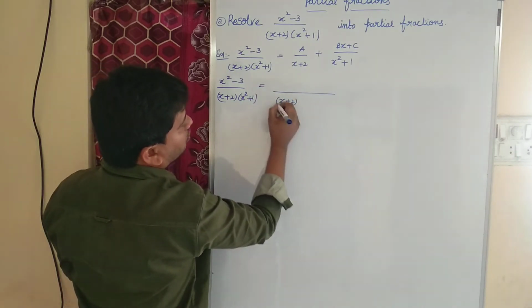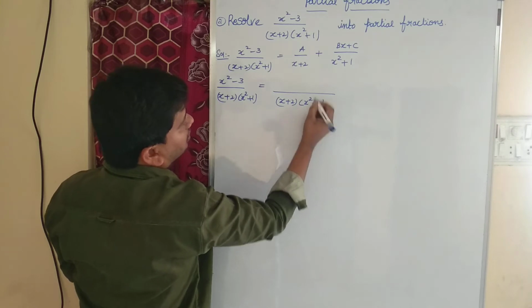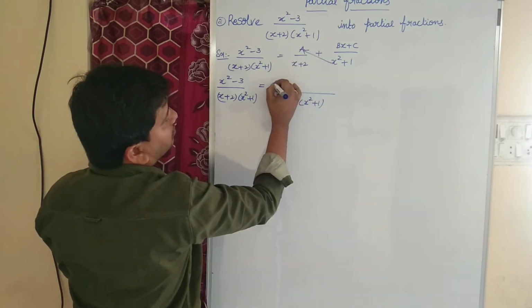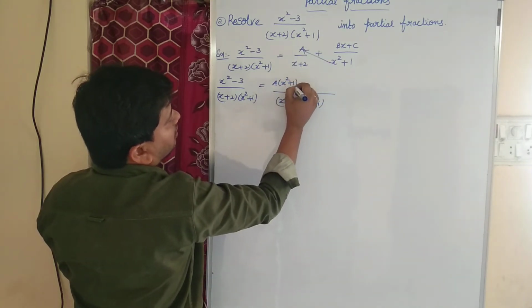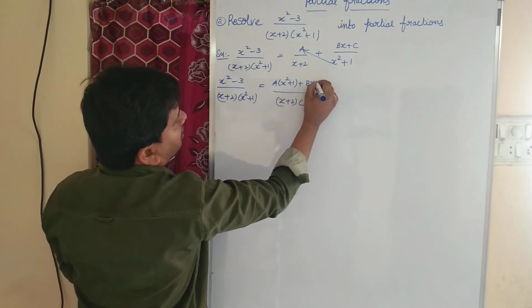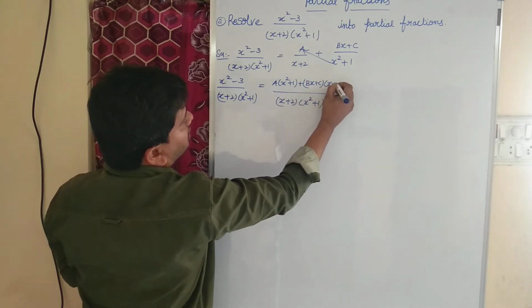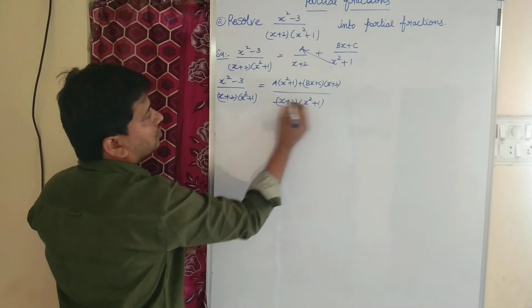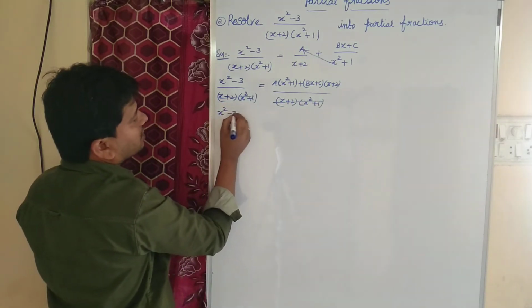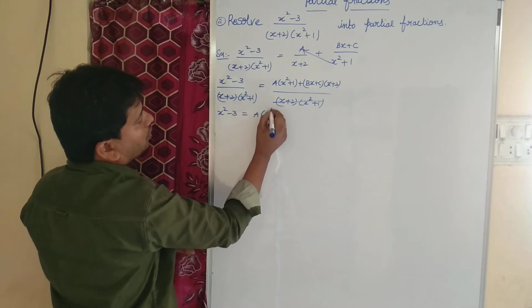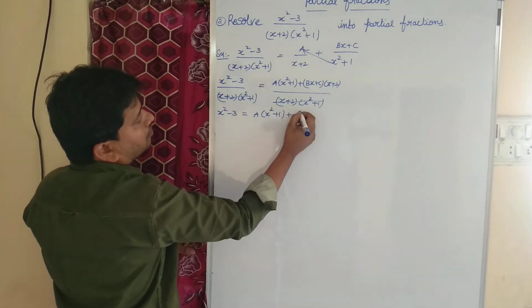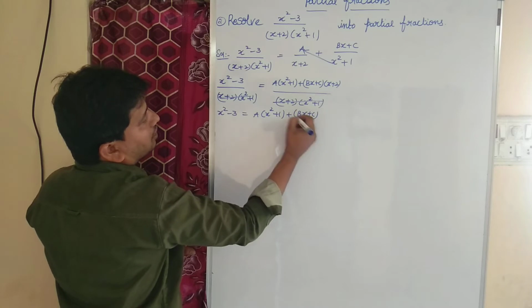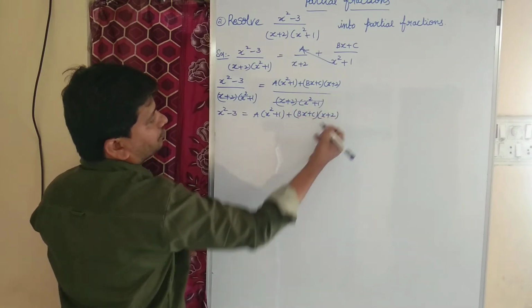Now, x square minus 3 divided by x plus 2 into x square plus 1 equal to, LCM is x plus 2 into x square plus 1, cross multiplication: a into x square plus 1 plus bx plus c into x plus 2, right? Now, as our denominator is cleared, x square minus 3 equal to a into x square plus 1 plus bx plus c into x plus 2.